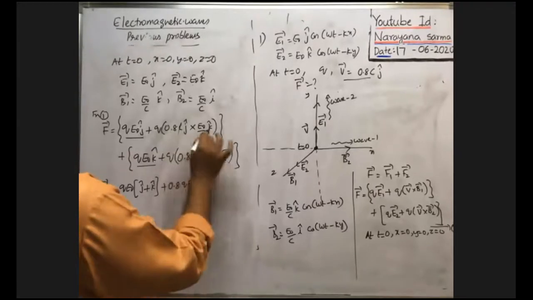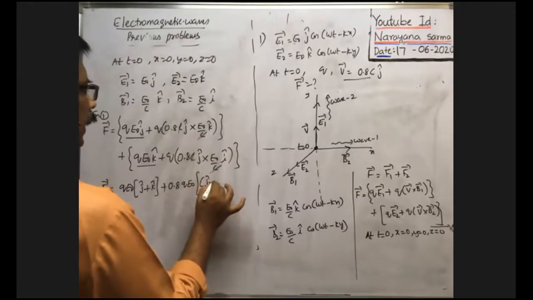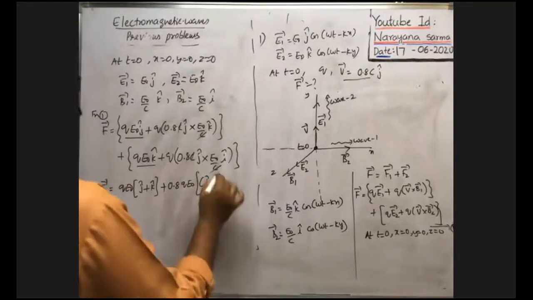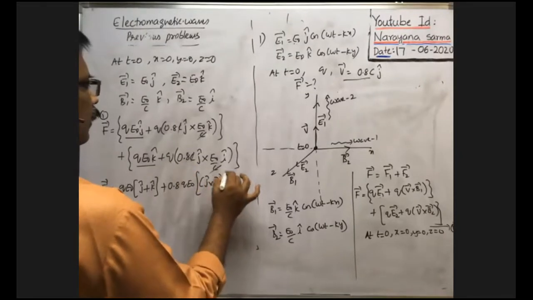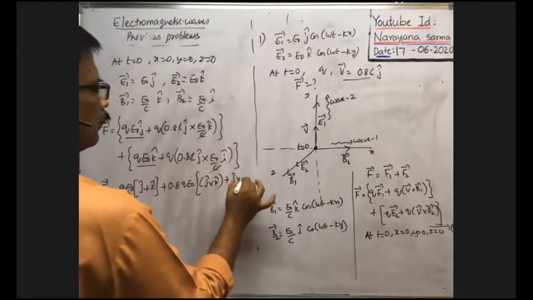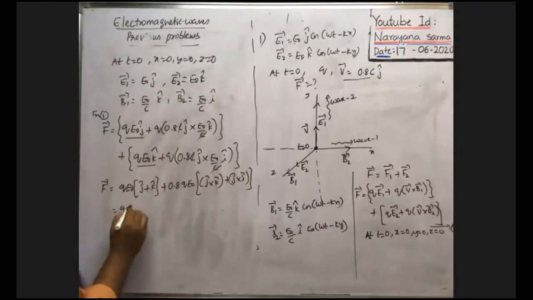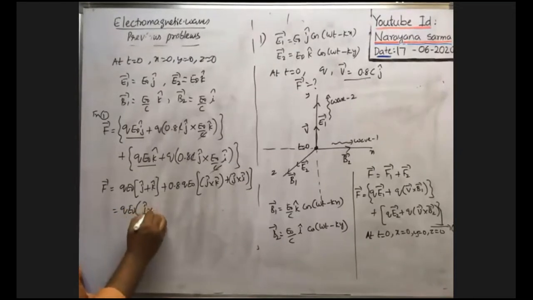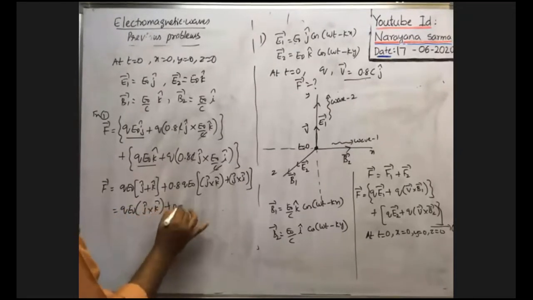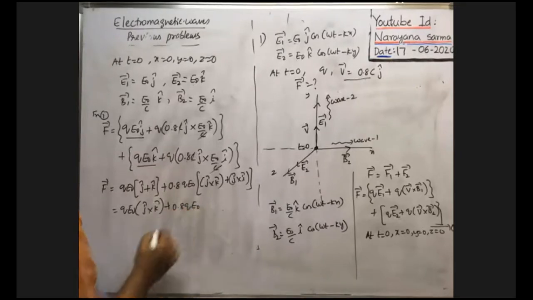Then in this we are having j cap cross k cap plus j cap cross i cap. Therefore, Q E naught into (j cap plus k cap) plus 0.8 Q E naught into (j cap cross k cap plus j cap cross i cap).